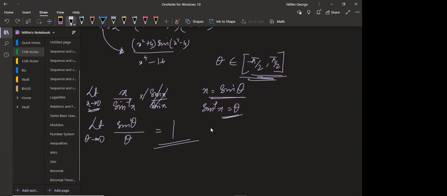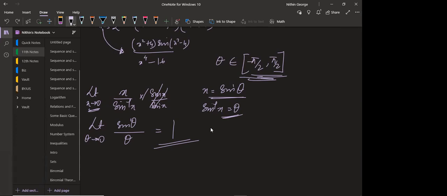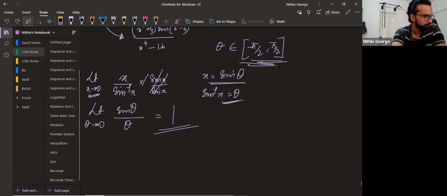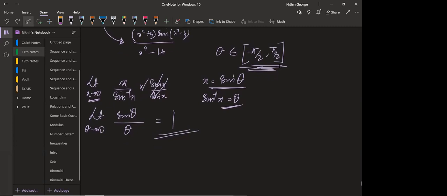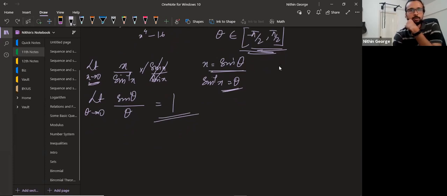Are you following? So you see all this sine inverse x and all, don't get scared. Replace x by sine theta and start solving. So what about limit x tends to 0, sine inverse x by x?